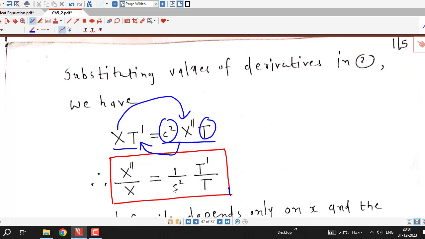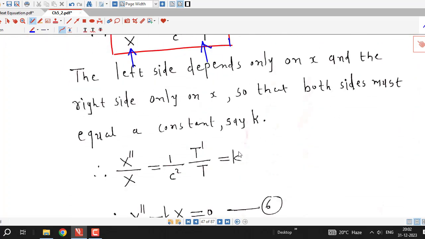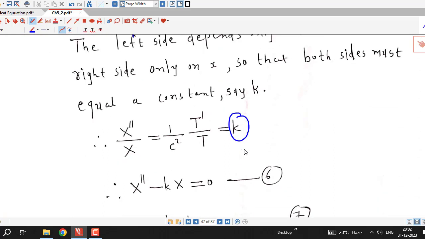And now we know that this left hand side is a function of x only, the right hand side is a function of t only, and both are equal. So this can only be true if both sides are equal to the same constant, denoted by small k.